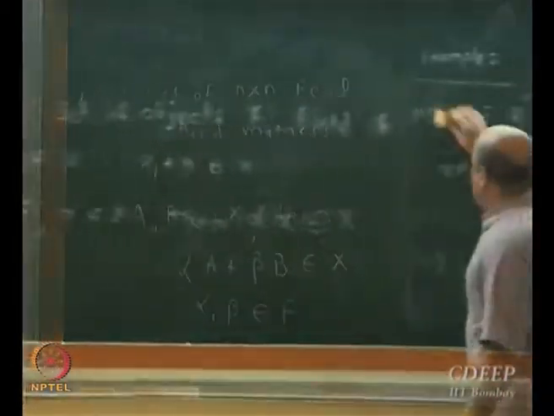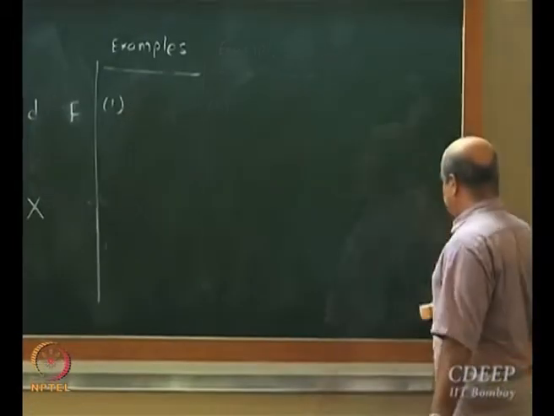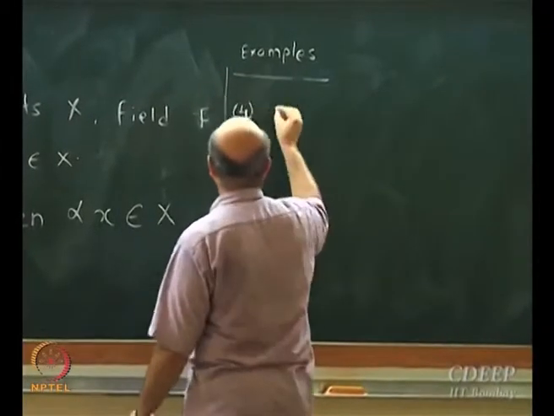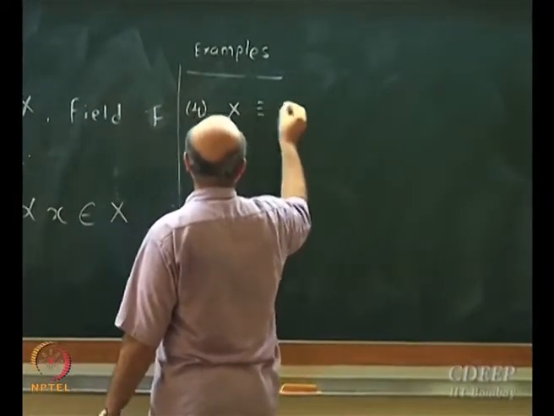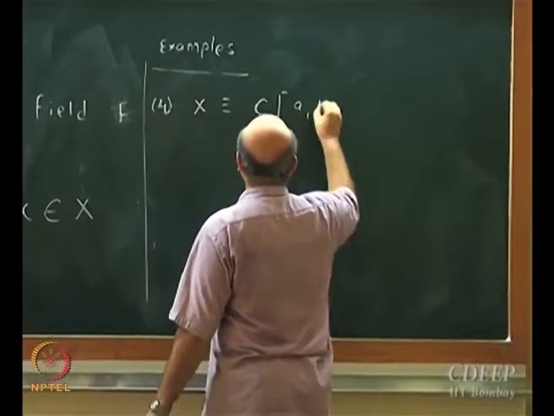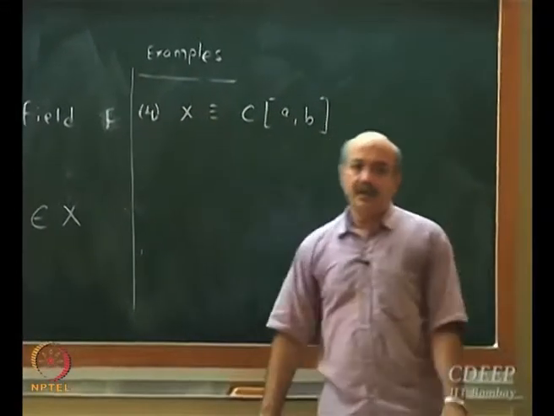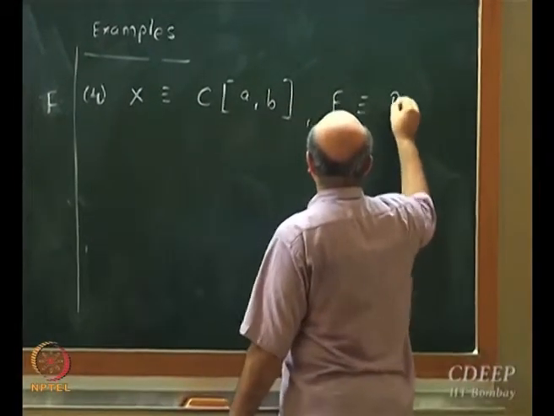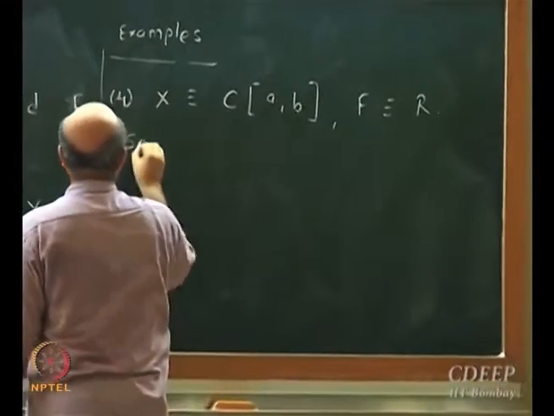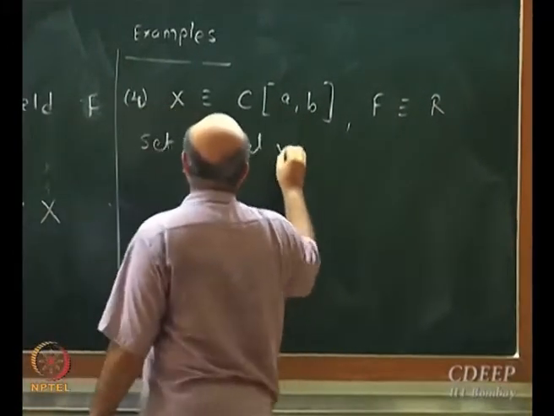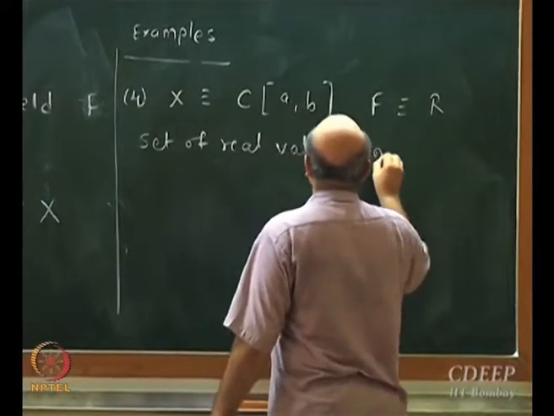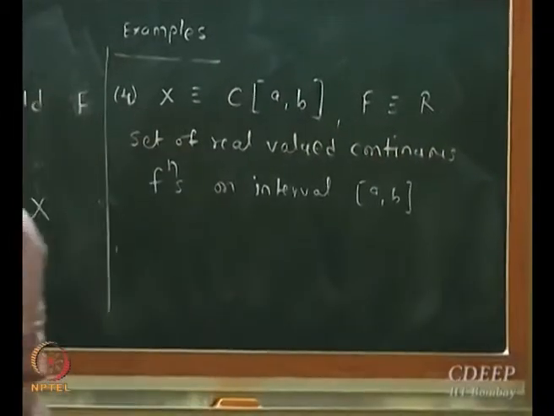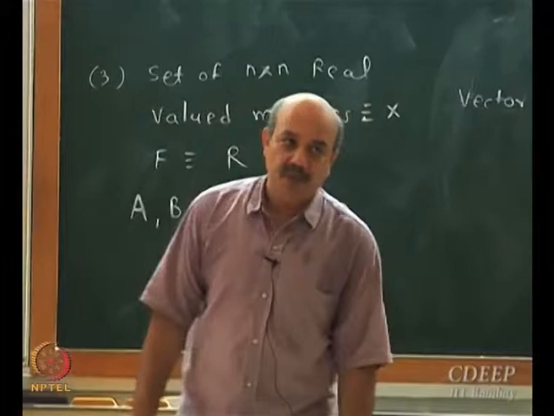Okay, and my fourth example is something that we are going to use quite often in this course. So my example number 4 is denoted as C[a,b]. C[a,b] is the set of real valued continuous functions on interval [a,b].